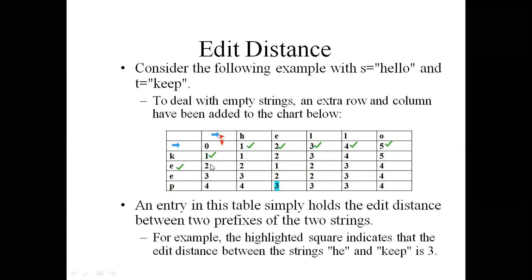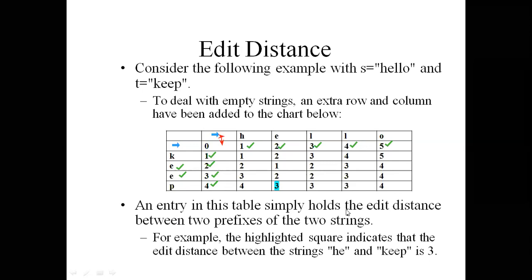Then KE has two characters, KEE is 3, and KEEP is 4. Since KEEP has length 4, with the null string we can insert, so the edit distance is 4. You get the same values as the lengths.